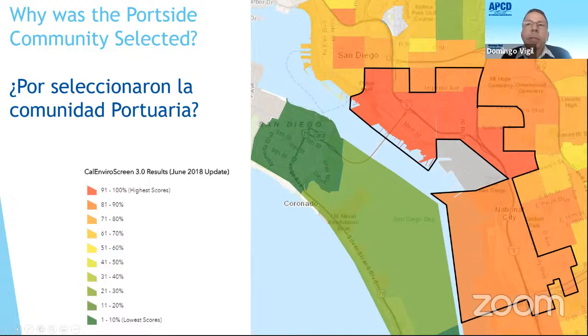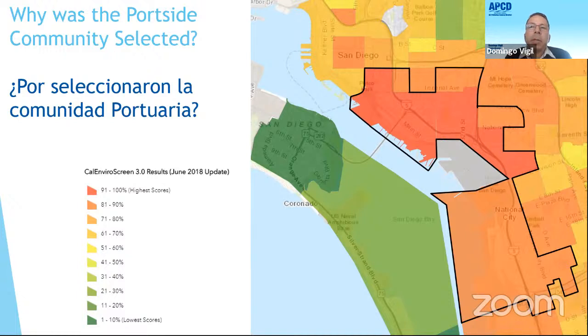CalEnviroScreen is a science-based mapping tool developed by the Office of Environmental Health Hazard Assessment, or OEHHA, and the California Environmental Protection Agency, or CalEPA, that helps identify California communities that are most affected by sources of pollution and that are often especially vulnerable to pollution's effects.